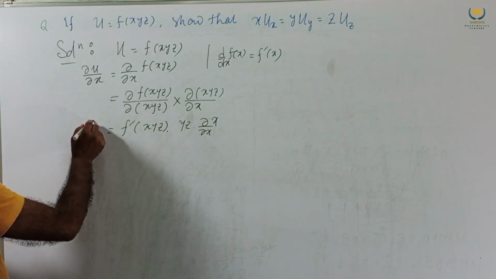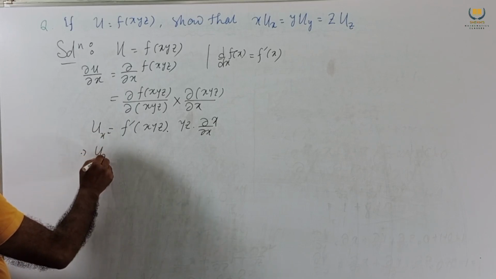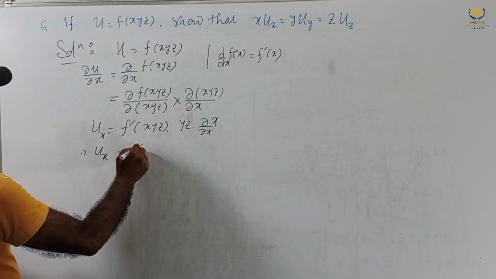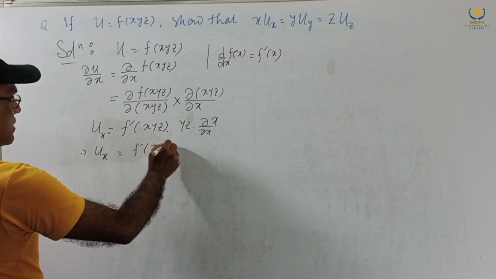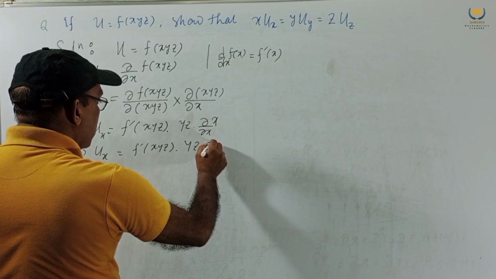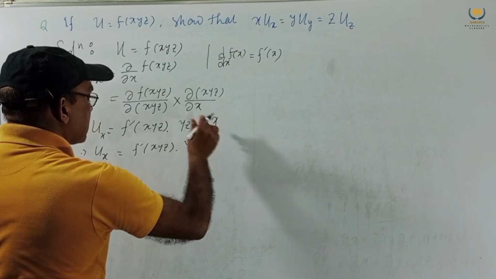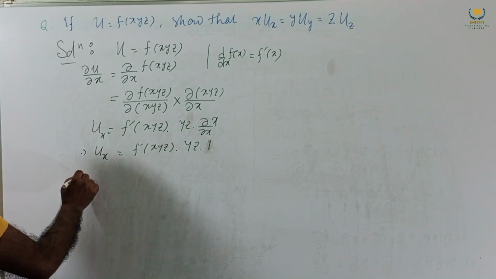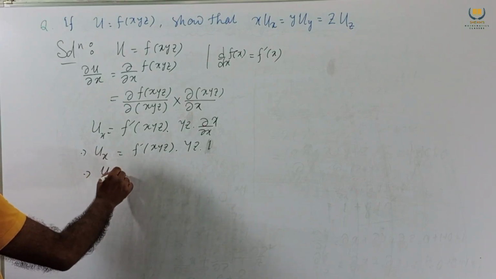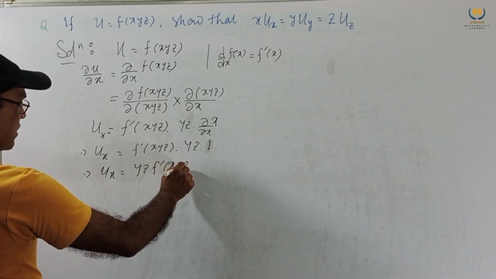And del u by del x means ux, so this will be ux equals f dash x, y, z into 1, del x of x is 1. So ux equal to yz f dash xyz.